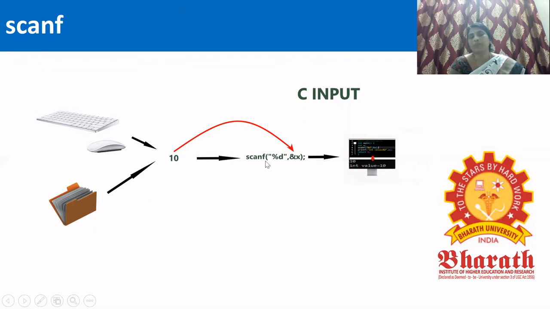We need to give scanf, as we have already indicated, integer is defined by %d, and then we need to give the address of x, where x is the variable that has already been created in order to store this particular value. When you give it like this, the system understands that the user has typed 10 and the 10 will be stored in x. This is how the input is received from the keyboard into the program.